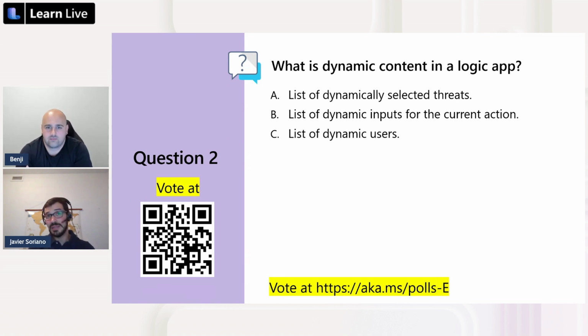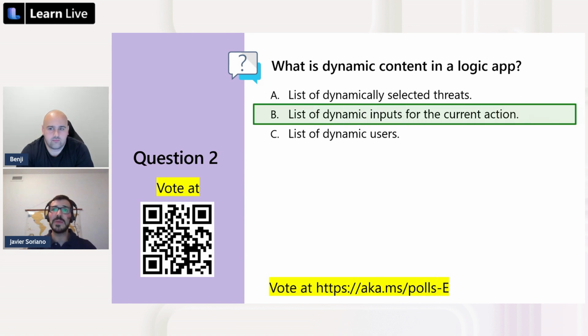Of course, we can have users as part of the dynamic content that comes from the previous action or the trigger, but it's not limited to just users, and we can have many more things, right? Like we saw in Benji's demo, we can have the severity or the owner. So actually the correct answer in this one is B. It's the list of dynamic inputs for the current action. And I see on this one that we got a little bit of different opinions, but still very good, guys. You did great.